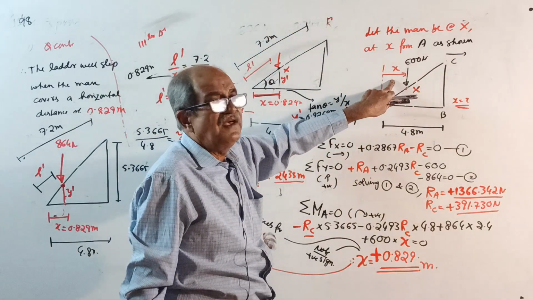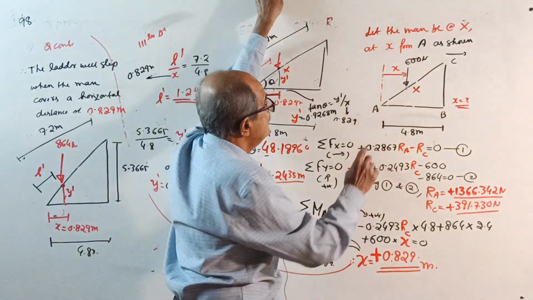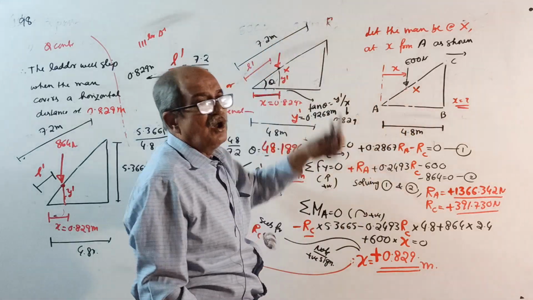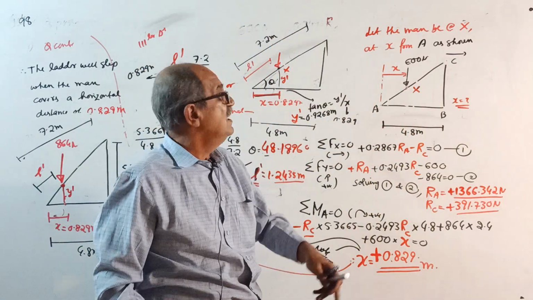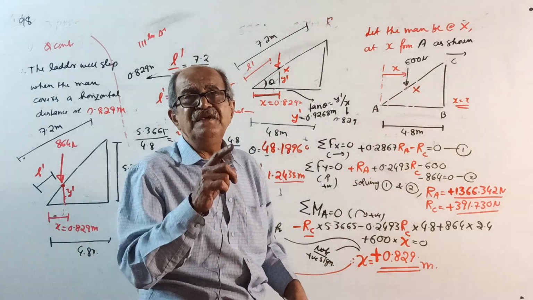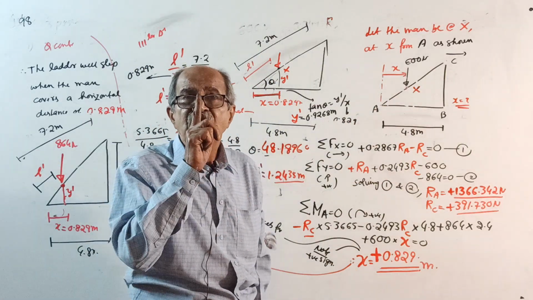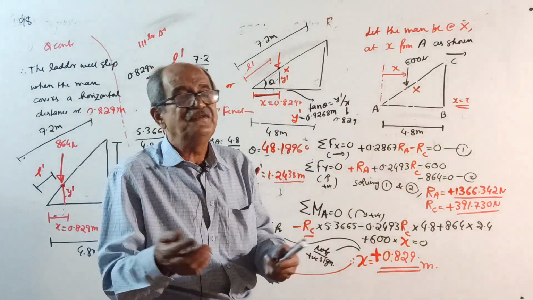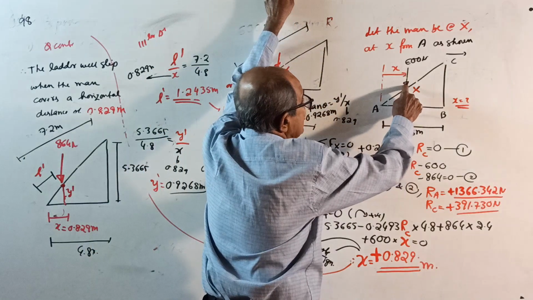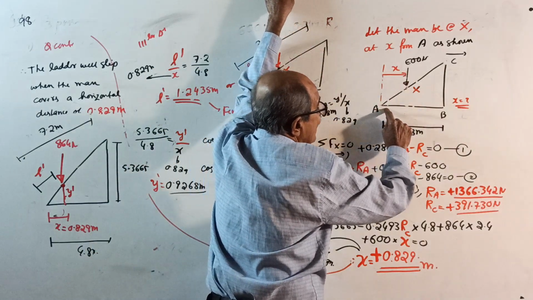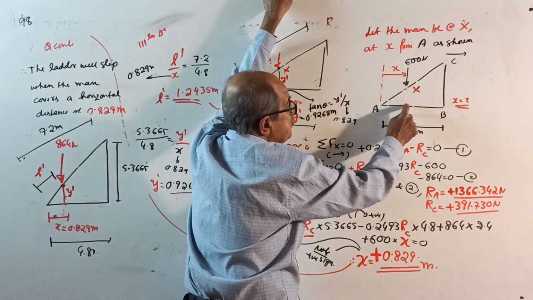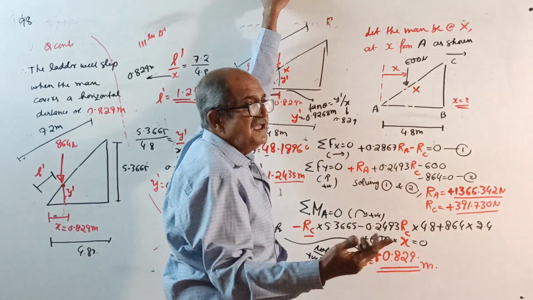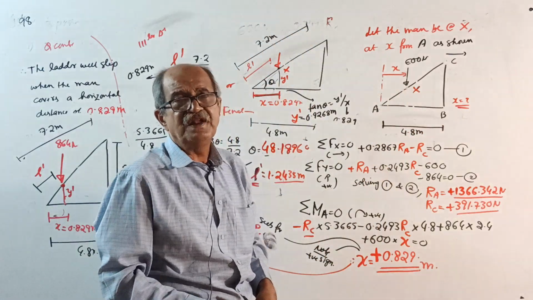Then also take this as x. Once you get x, use similar triangles or trigonometry to get this y dash. Or they can ask what is the position of the man horizontally from the base, which means they are asking x only. Suppose they ask, when the ladder slips, what is the position of the person horizontally with respect to the base, means they are asking x only. Okay, all these are clear.